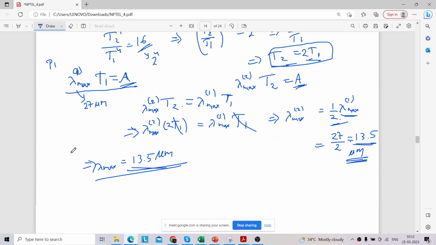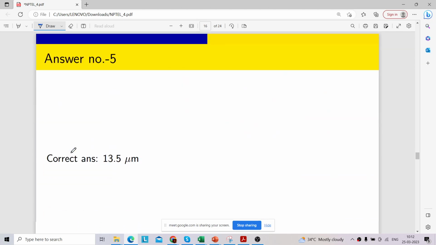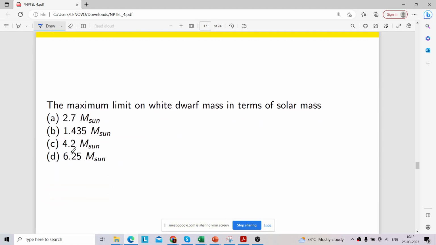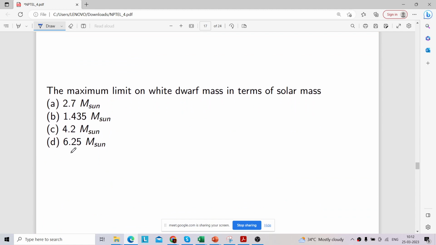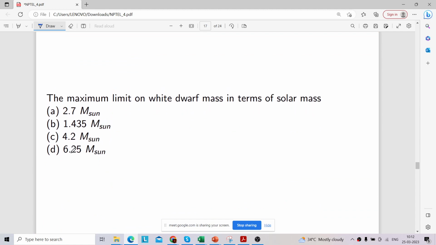Coming to the next question. The question is the maximum limit on white dwarf mass in terms of solar mass. This is a famous law you might know as the Chandrasekhar limit.